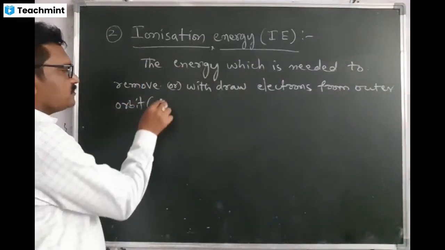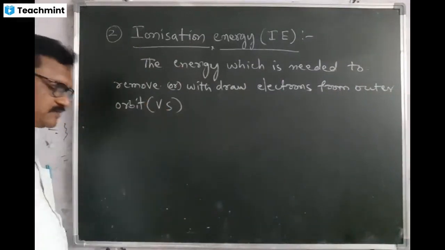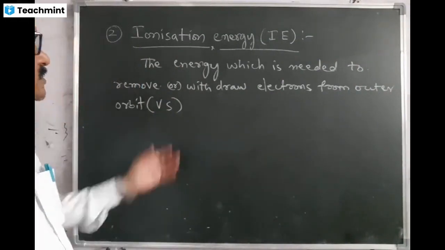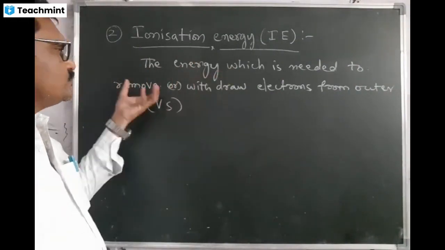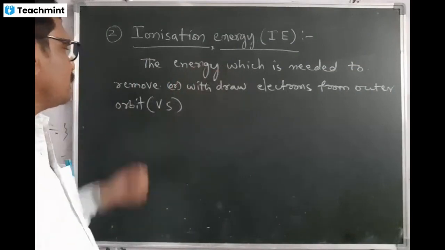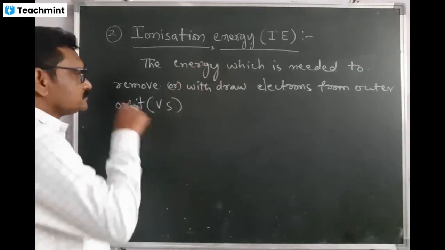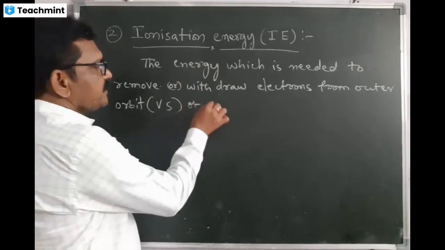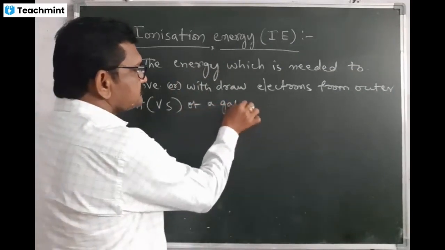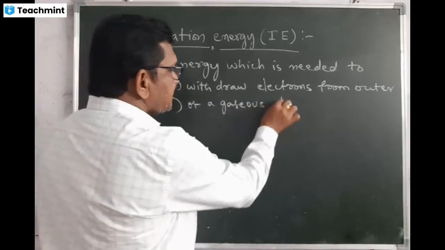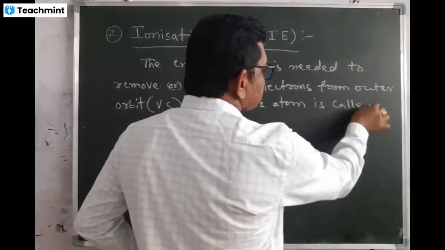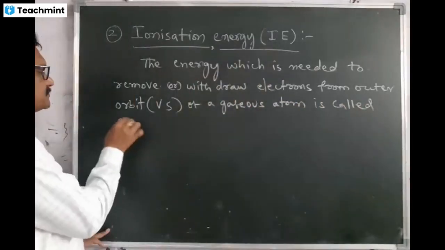The outer orbit is also called the valence shell, you know this. So the energy which is needed to remove electrons from the outer orbit of a gaseous atom is called ionization energy.